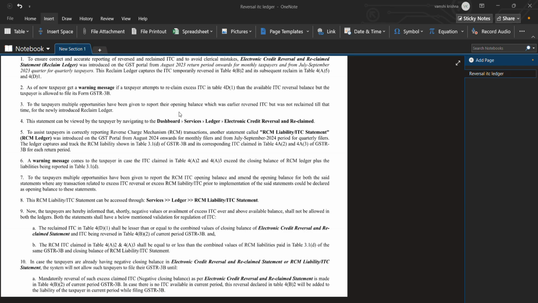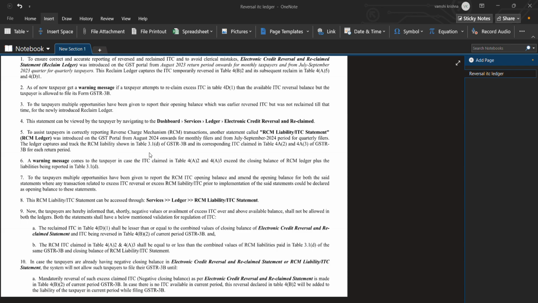Now the same is for the RCM ledger. What happens is we are paying the RCM amount, but the same amount needs to be claimed in the input ledger. But what happens if we paid only 10 rupees and claimed 100 rupees? It will be mismatched, right?